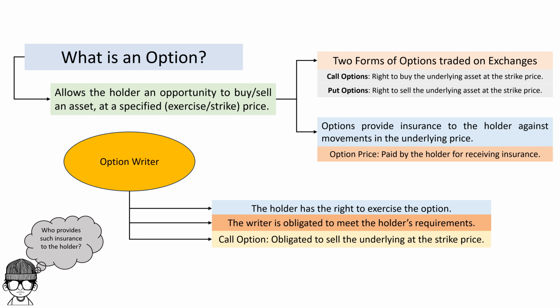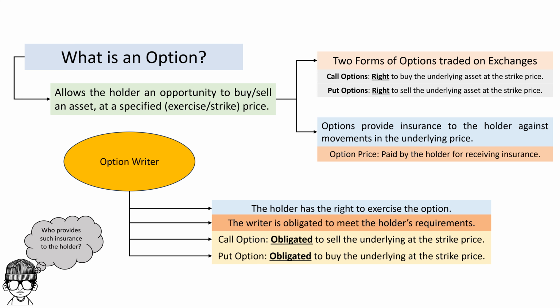So, for a call option, the writer is obligated to sell the underlying at the strike price, and for a put option, the writer is obligated to buy the underlying at the strike price. It's important to note that holders have the right to exercise the option, and when the option is exercised, the writers are obligated to meet the requirements of the holders.